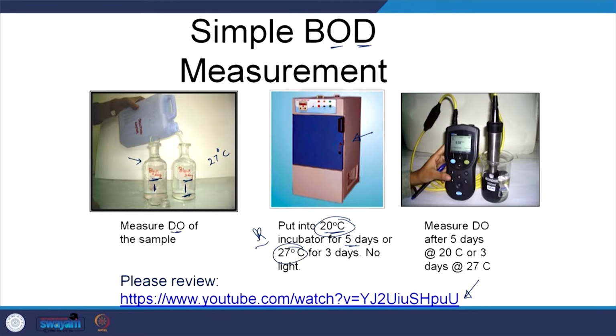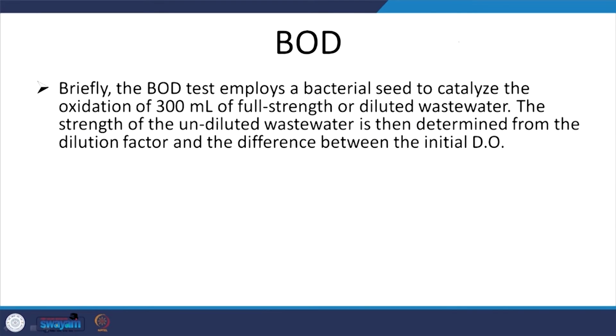Measure the DO after 5 days or 3 days depending on the relevant temperature, and you are going to get the difference in DO levels. DO initial minus DO final will give you the BOD, biochemical oxygen demand.